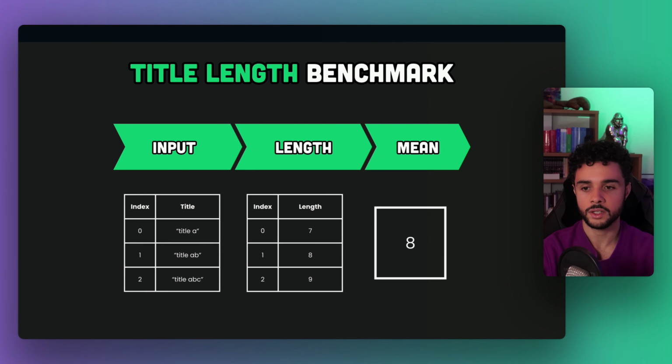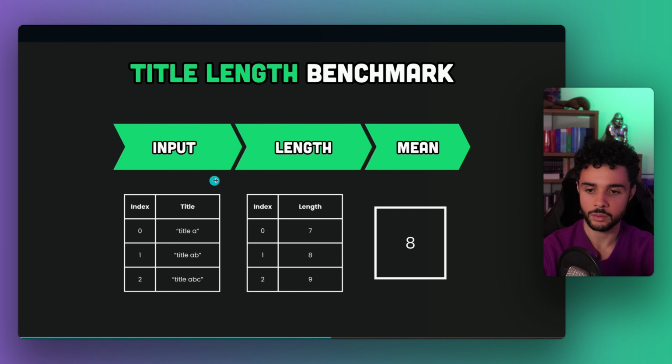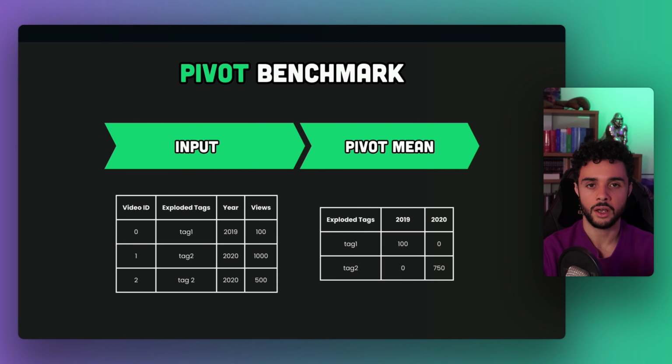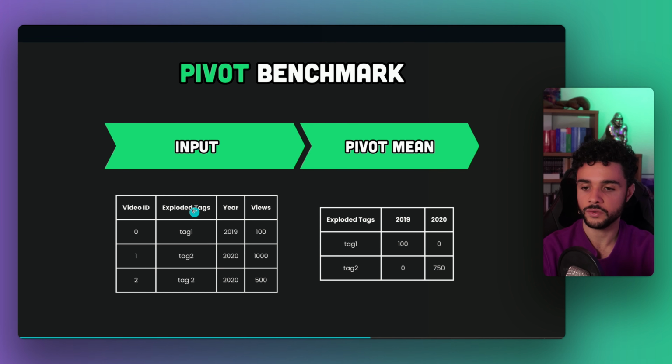The second one is the title length benchmark. Very simple. This one takes as input a simplified data frame, taking only the index and the title column. Then we just compute the length of each string in the title column, and we get the average. So here it would be 7, 8, 9, and 8 as the mean. And the last one is the pivot benchmark. We take as input a data frame containing the columns video ID, exploded tags, year of publication, and views.